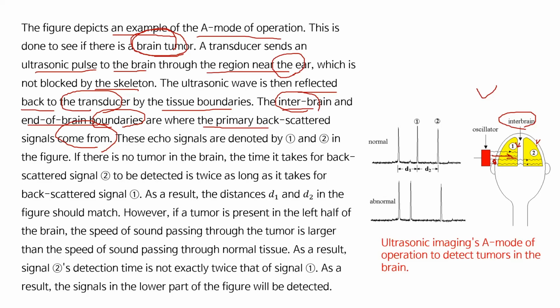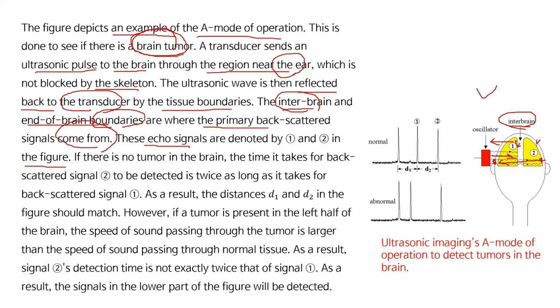So we can have the backscatter signal from the interbrain boundary, and the backscatter signal from the endobrain boundary here. These echo signals are denoted by 1 and 2 in the figure. So 1 is a signal reflected from the interbrain boundary. 2 represents a signal reflected from the endobrain boundary.